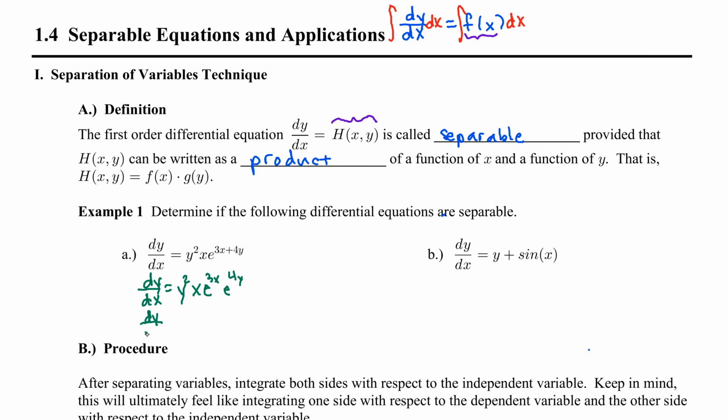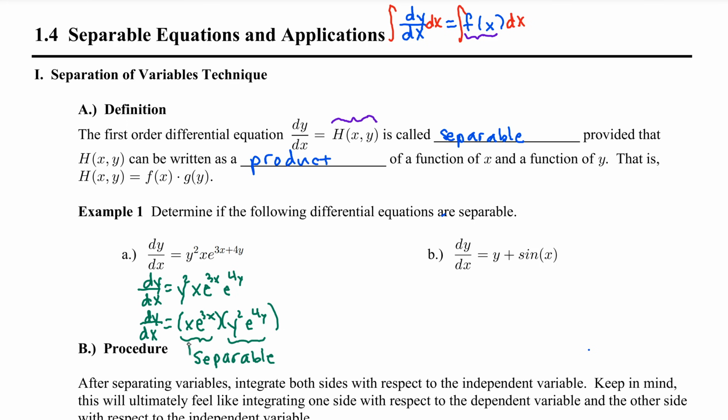Then, since multiplication is commutative and associative, I can rearrange this into a function of x alone times a function of y alone. Because our derivative is isolated and it's equal to a product of a function of the independent variable and the dependent variable, we say that this is a separable differential equation.